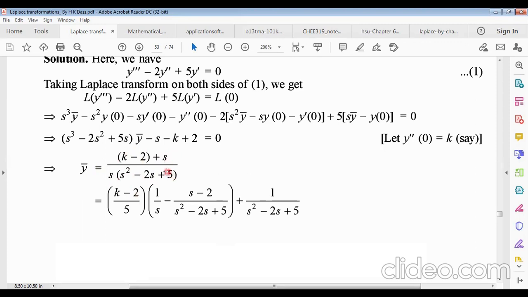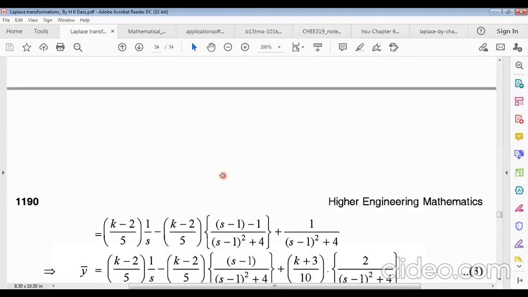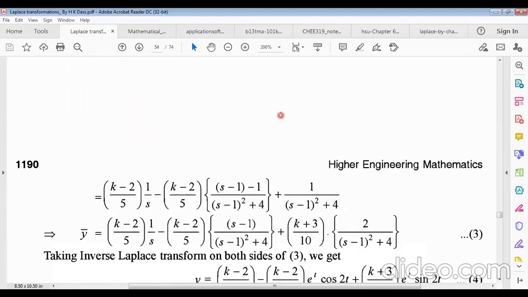Then using the partial fraction method, we can take 5 common here. Now k minus 2 divided by 5 is a constant, and this is an s function, and this is also an s function.